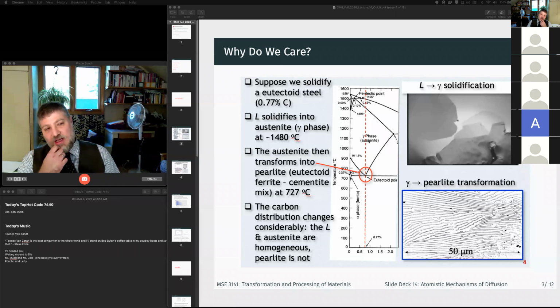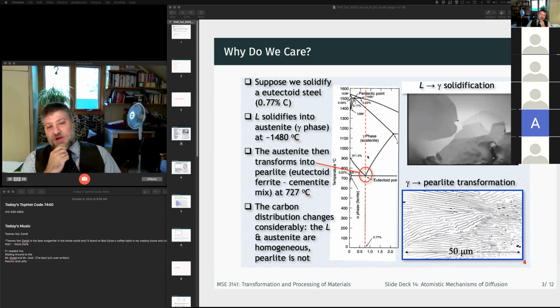So we come down and we hold for a long time in this gamma phase field, in the austenite phase, and we're completely uniform austenite, right? Everything's nice and homogeneous. We have nice grains, and we come down through something that looks like a eutectic, but it's not truly a eutectic, because a eutectic is defined as liquid goes to alpha plus beta, right?